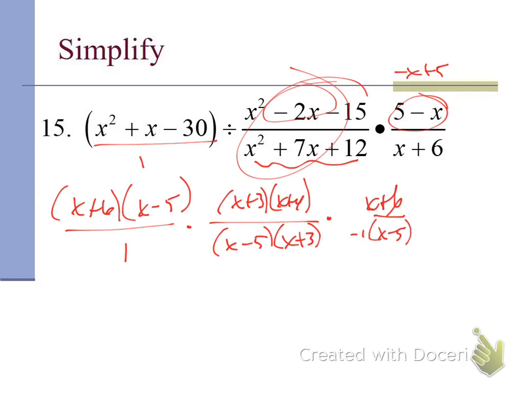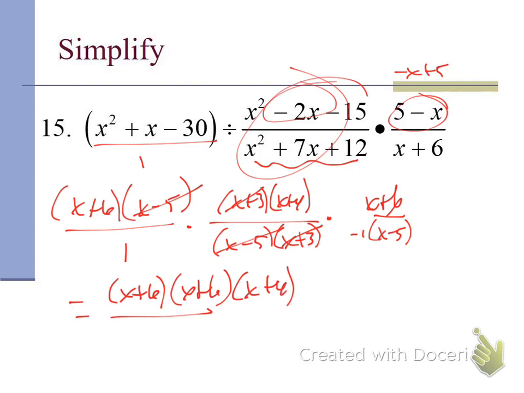Now we go looking for common factors. There's an x plus 3 and an x plus 3. There's an x minus 5 and an x minus 5. And that leaves us with (x plus 6) times (x plus 6) times (x plus 4), and then we go x minus 5 times x minus 3.